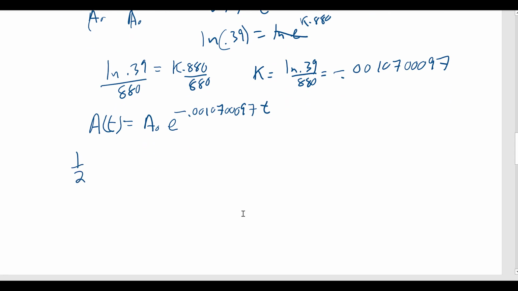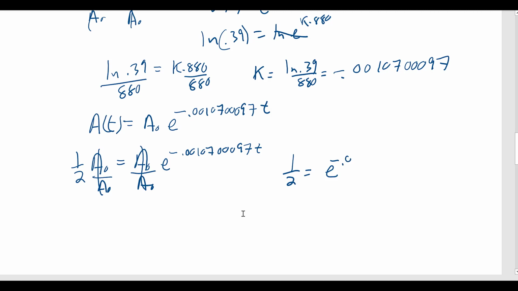So we do half-life, half of the initial amount is our initial amount times e to the negative 0.00107 00097 t. Again, we divide out the A sub 0. So those are gone. And we have 1/2 equals e to the negative 0.00107 00097 t.